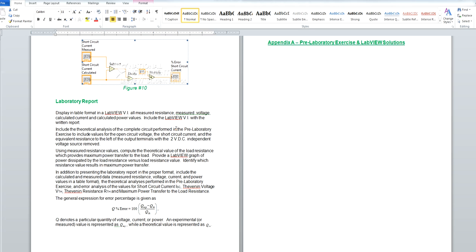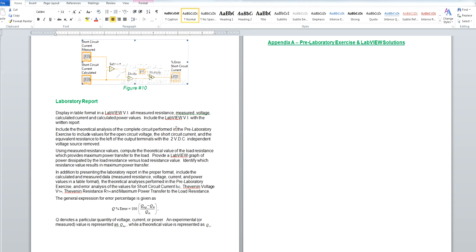And lastly, we're going to provide analysis of the calculated error for each one of the pertinent measurements, that being the short circuit current, the Thevenin voltage, the Thevenin resistance, the maximum power transfer, the load resistance, both calculated and theoretical, and present the error for each one of those measurements, as well as analysis. If there's a difference in your report, account for it. Account for where you think the error might have come from.